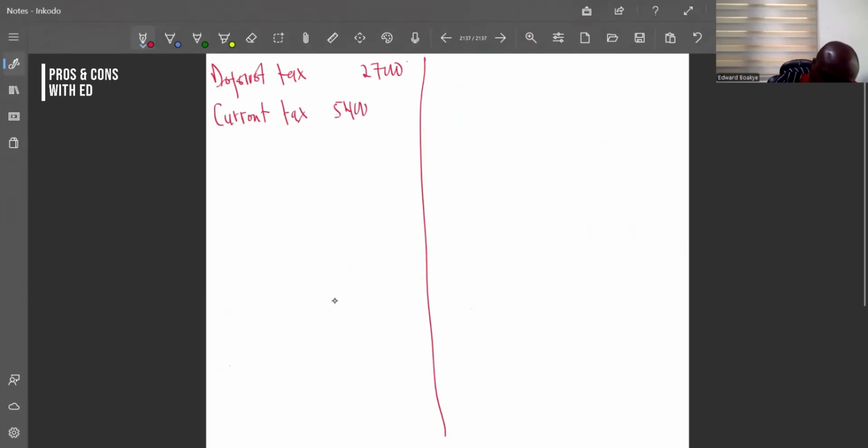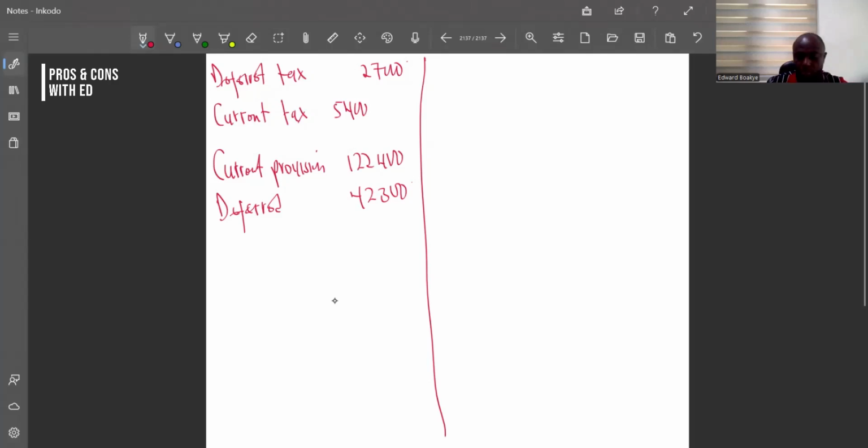And the current provision that we have is 122,400. And then the deferred tax for the year. So this year, the deferred tax has gone up to 42,300, right?